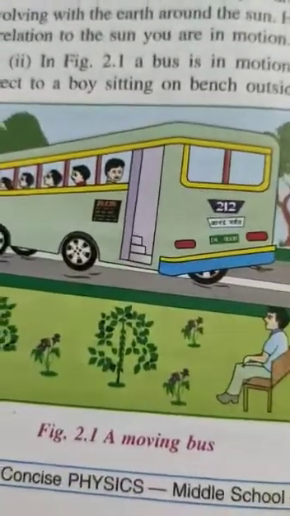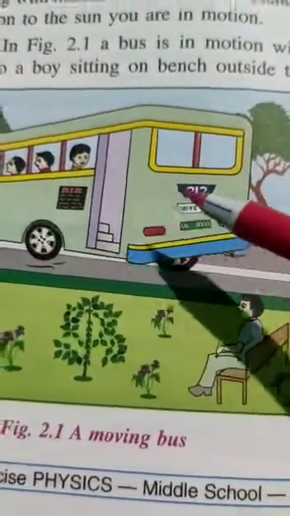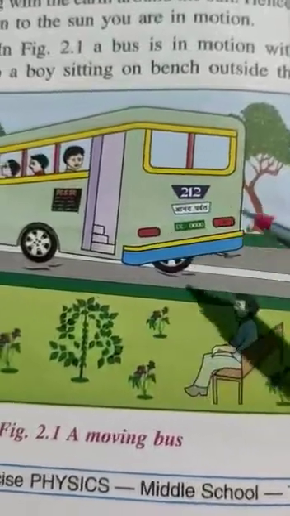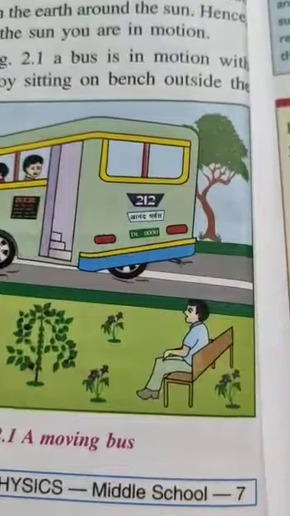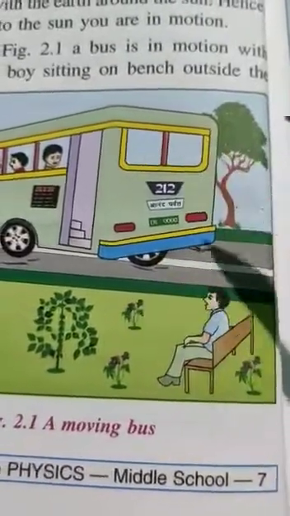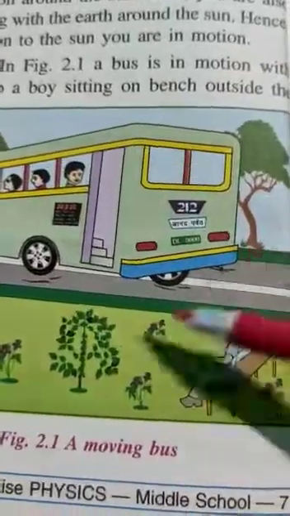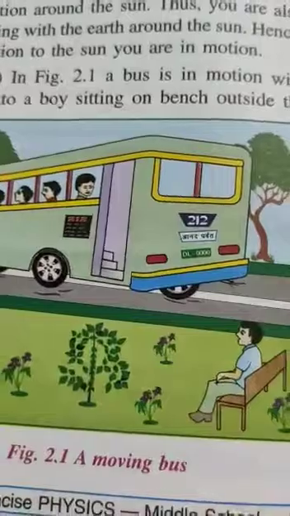No? So thus we conclude that an object while in motion with respect to a set of objects can appear at the same time in a state of rest with respect to another set of objects moving with the same speed and in the same direction. It is the observer and the surrounding that decide whether a given object is at rest or in motion.